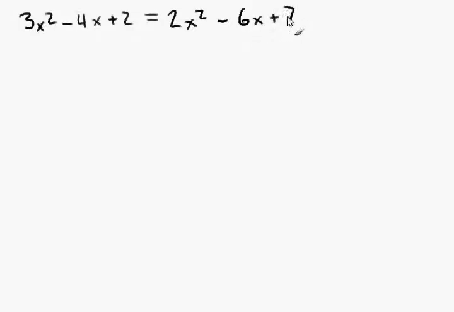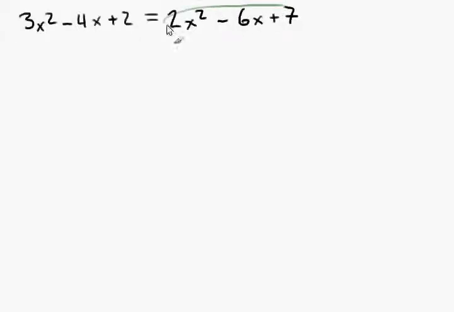Let's take a look at another problem, but this time we're not going to start in standard form. We're going to have 3x squared minus 4x plus 2 is equal to 2x squared minus 6x plus 7. Okay, we need it in standard form.